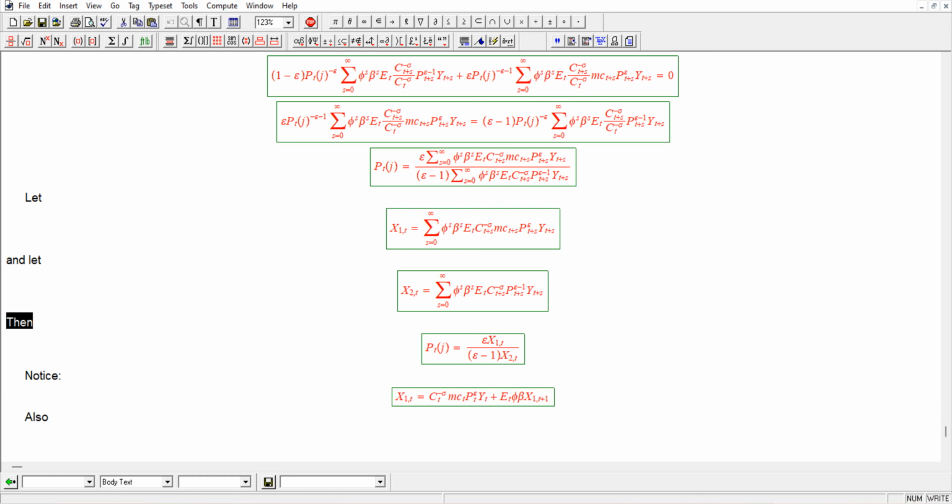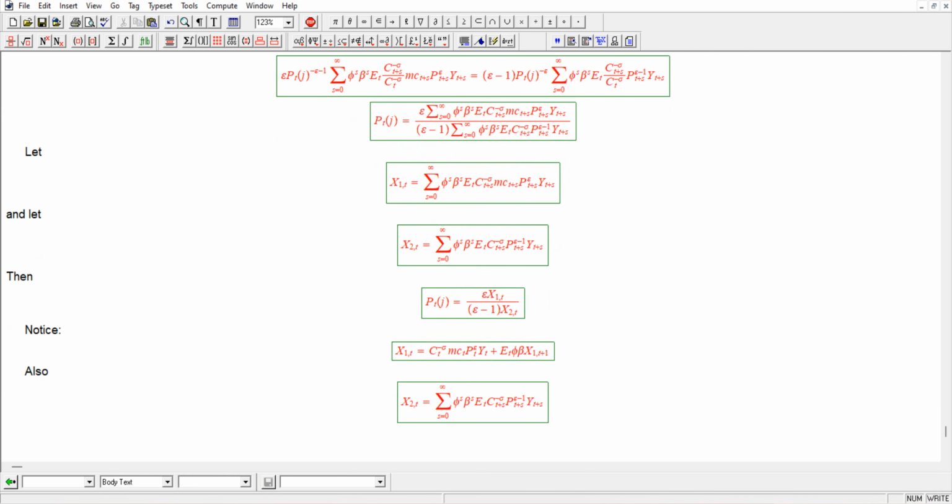Also, we can do the same thing with x2. This also equals the first term setting s equals 0, so this disappears.